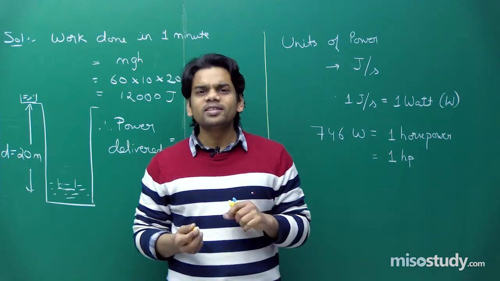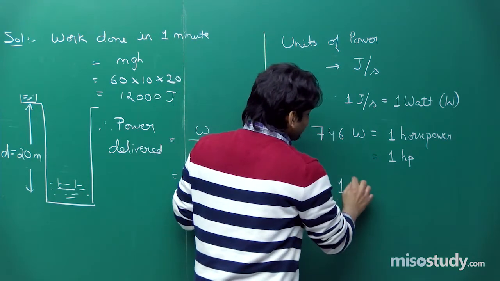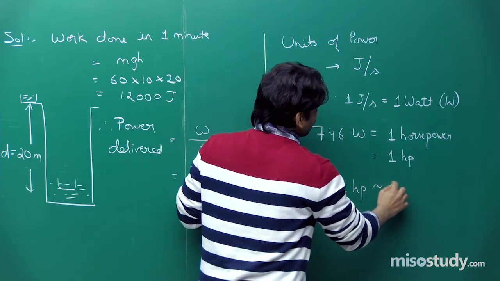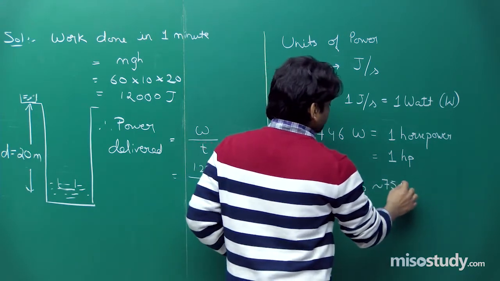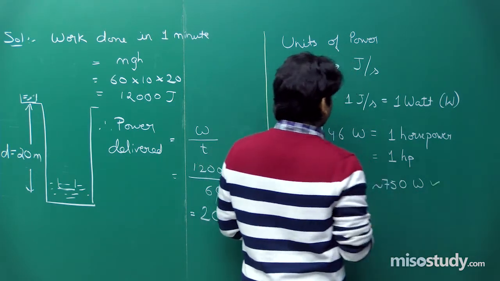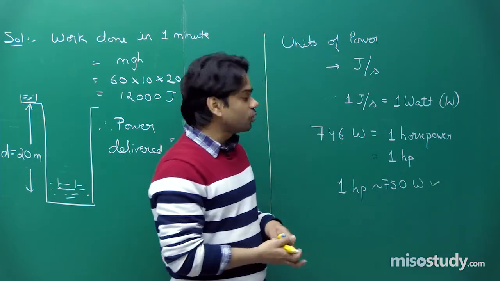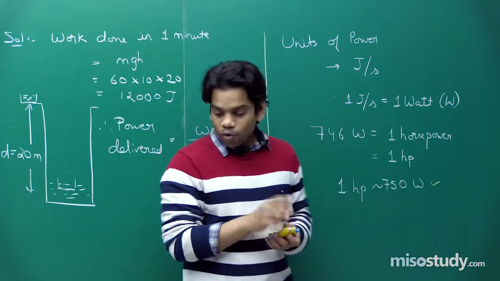Sometimes in some numericals we use the value of 1 horsepower as nearly equal to 750 watt, but the original relation between 1 horsepower and watt is that 746 watt is equal to 1 horsepower.